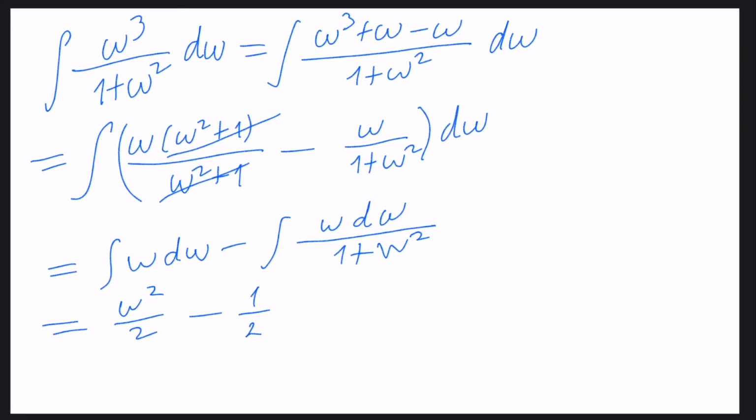We can do this by memory. Remember that I told you it's important to know some integrals by memory or just by inspection. As you can see, the integral of w dw divided by 1 plus w squared is 1 divided by 2 of the natural logarithm of 1 plus w squared. We have this integral.